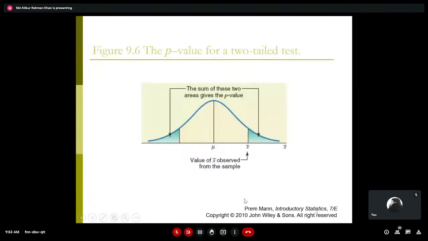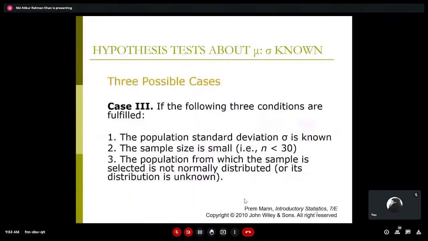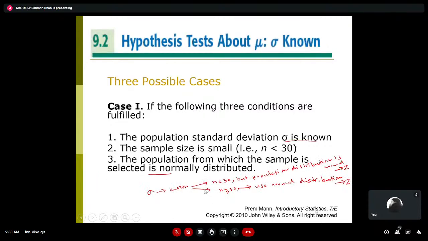And the third criterion is: the population standard deviation sigma is known, the sample size is small, and the population from which the sample is selected is not normally distributed or its distribution is unknown. So how do we define this one?